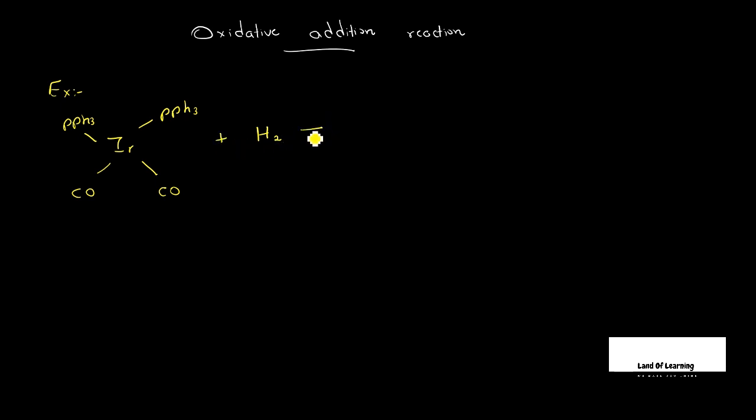So what happens now is we have our PPh3, here we have the PPh3, carbonyl. In the transition state, our metal center will start binding to our hydrogen molecule, right?